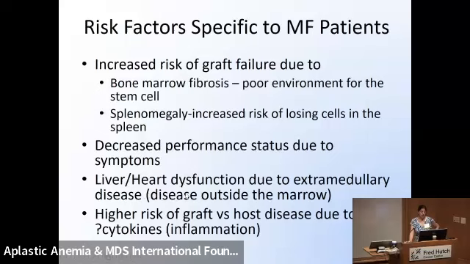And the liver and heart dysfunction are also unique to this disease due to the fact that disease can happen even outside the bone marrow. So you can get this inflammation, you can get the backup into the spleen and the liver, and that can also affect how the blood circulates in the heart and into the lungs, and cause issues that way. Also, because of the inflammation, you can have a higher risk of something called graft versus host disease, which I'll talk about.